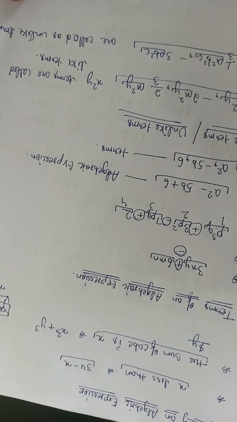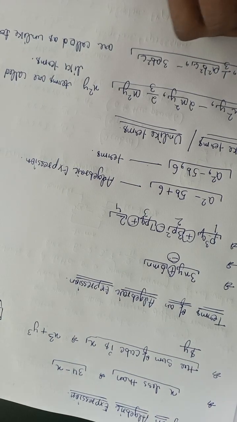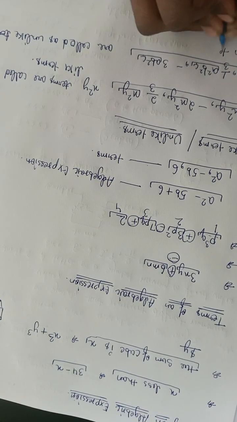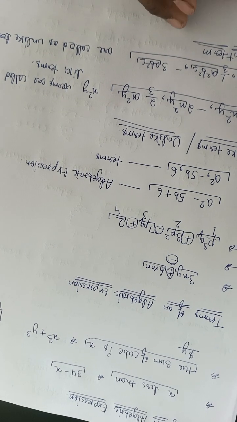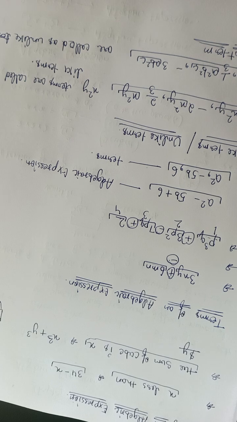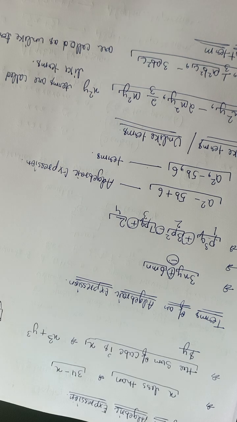Now we will come to the constant term. Constant term, this is also a simple thing. Constant term says basically that the term of an expression having no literal factor is called a constant term. Means there should not be literal factors.